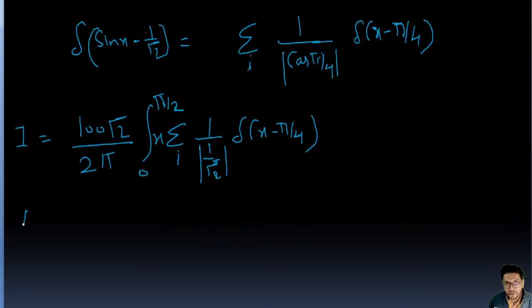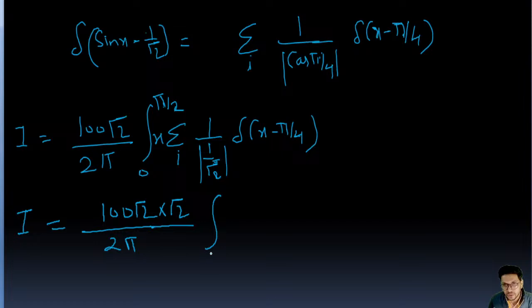So I equal to 100 root 2 upon 2 pi, and the root 2 will come here. Mod of 1 upon root 2 is 1 upon root 2. So this is root 2 into the integral from 0 to pi by 2 of x delta of x minus pi by 4.